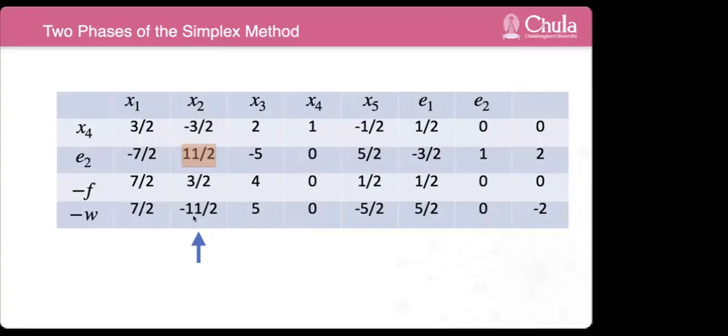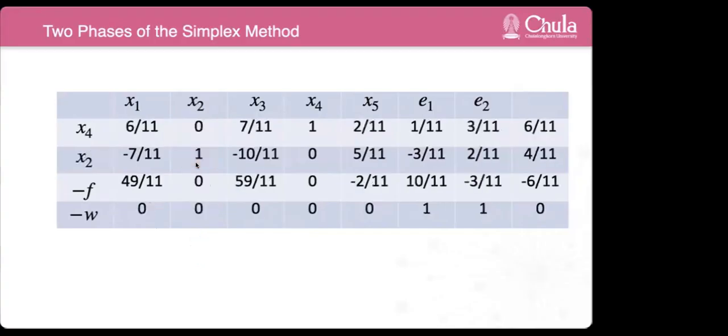From here, this column is more negative than this column, so x2 will enter the basic variable set and E2 will be removed. Then we obtain this table. From this table, congratulations, our W is 0.